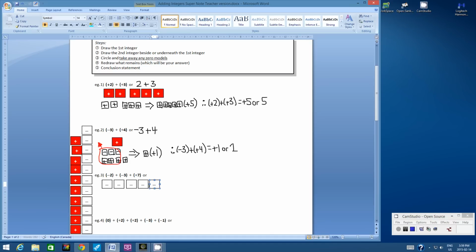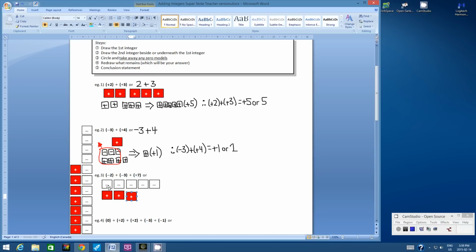Okay, so there's our second integer. This is our first integer, -2. This is our second integer, -3. Remember, we're combining tiles. Now, the third integer is +7. So let's bring over 7 positive tiles. So let me bring over 1. And again, now that this is a different type of tile, I'm going to place them underneath because I'm thinking ahead.